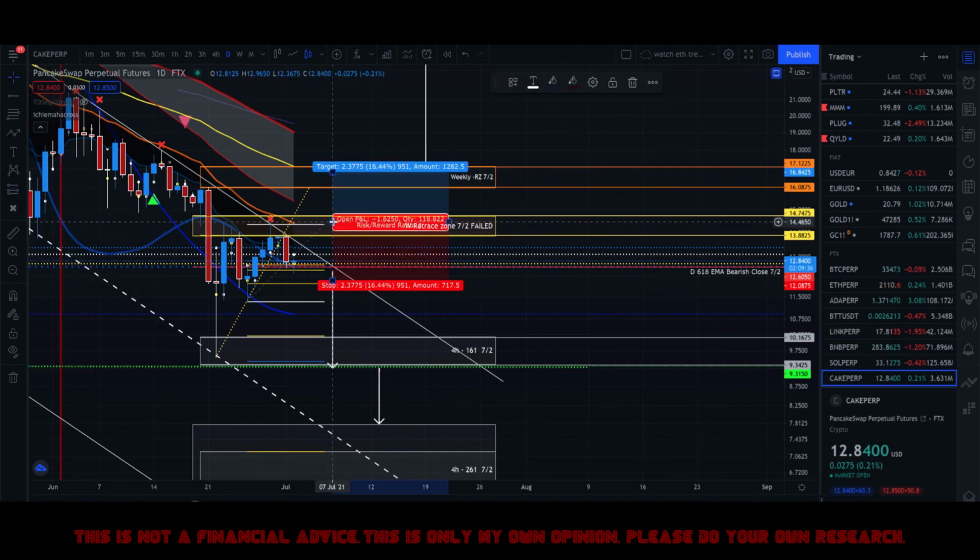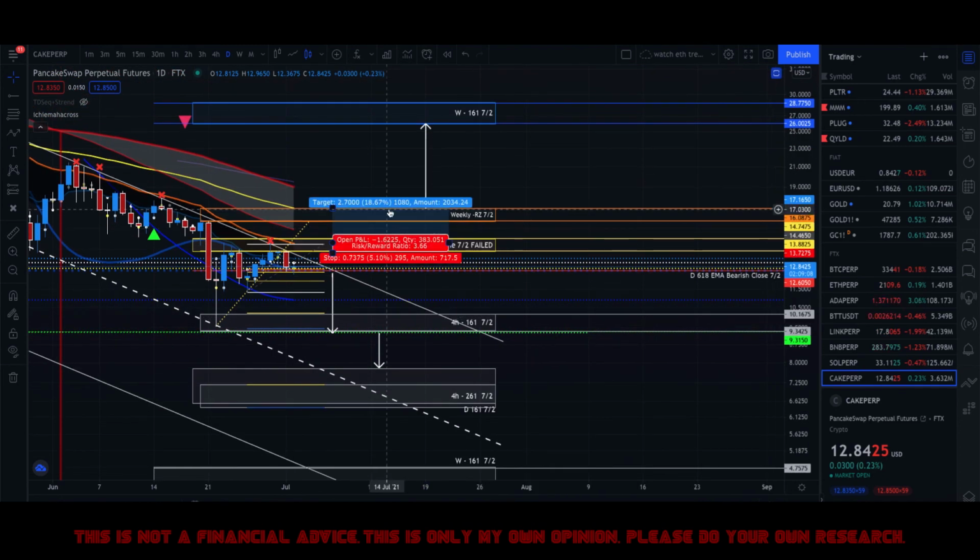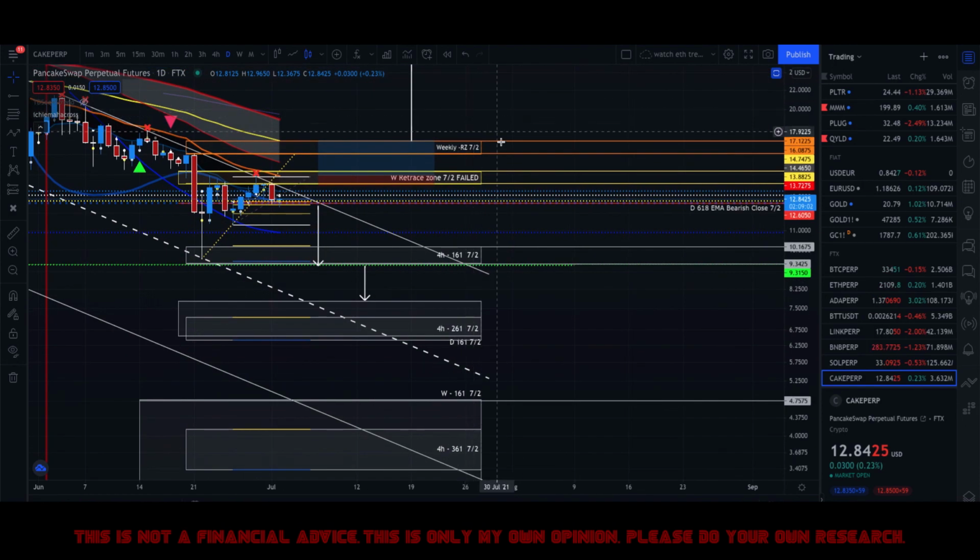So you can open a long position if we close above the 21 EMA with a stop loss below the yellow box or under the 21 EMA, and the target would be your 50 EMA or the upper border of the orange box. Okay, and a close above that is a very bullish sign to the weekly 161 extension zone.